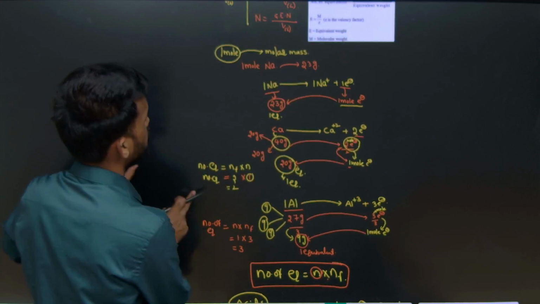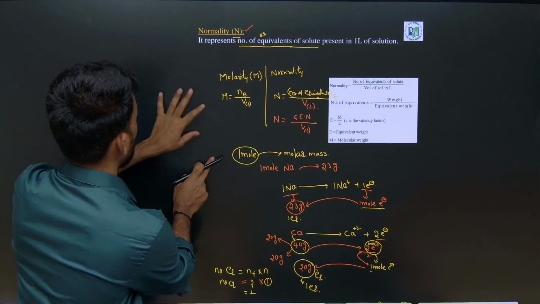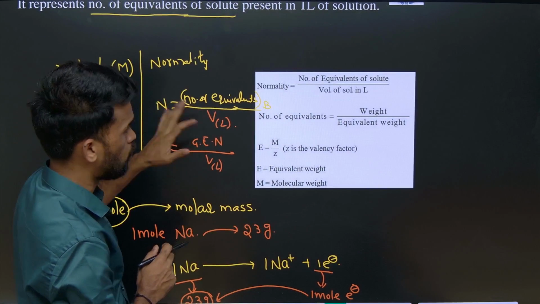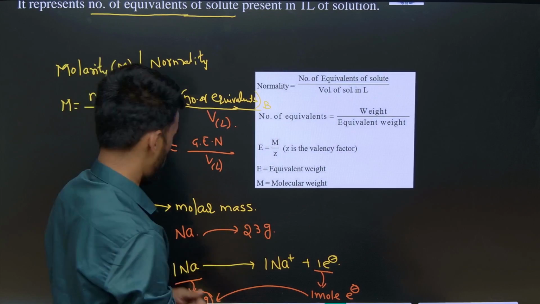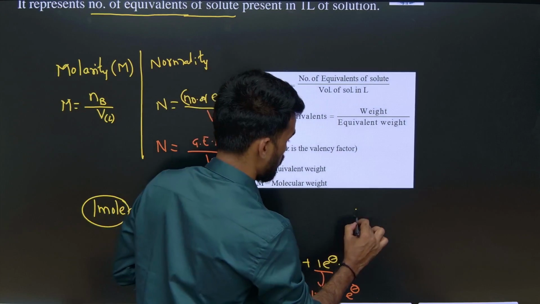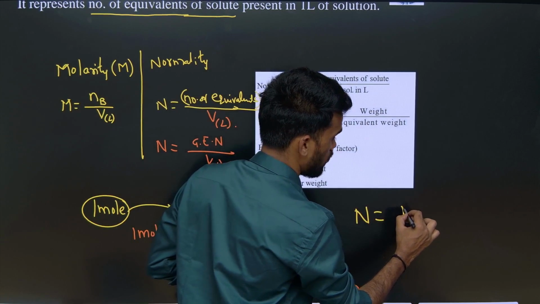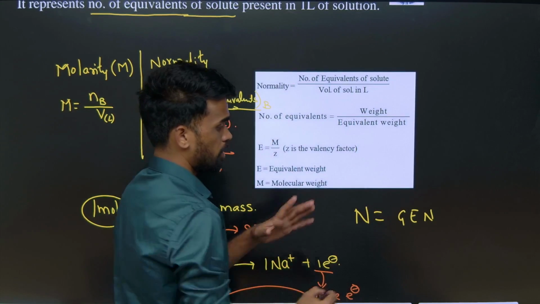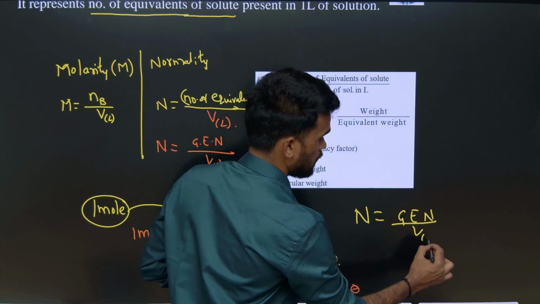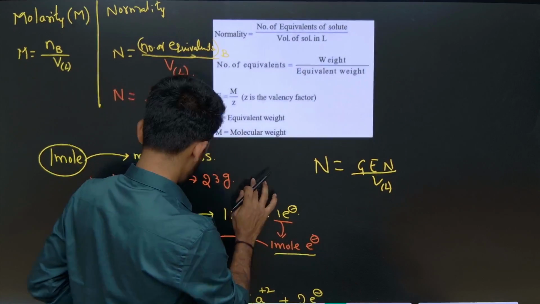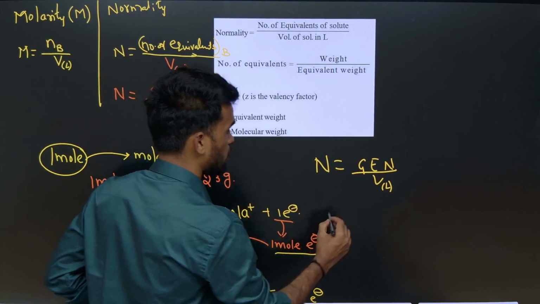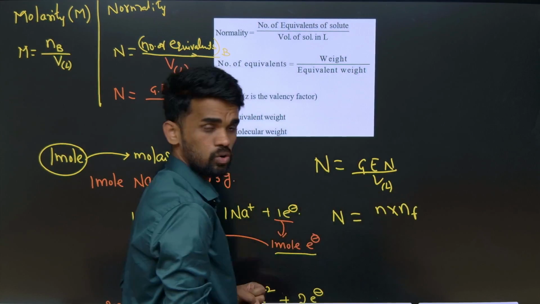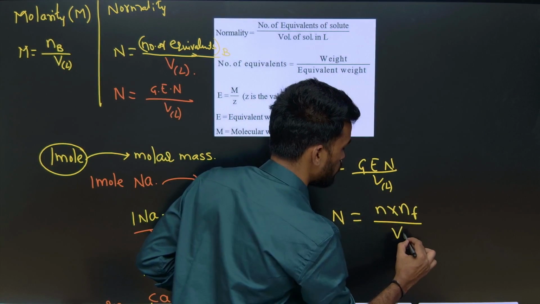Now, when it comes to the basic fundamental part, what is the formula we have? Normality equals number of gram equivalents by volume in liters. Number of equivalents, as I told you, can be written as n into n factor, by volume in liters.